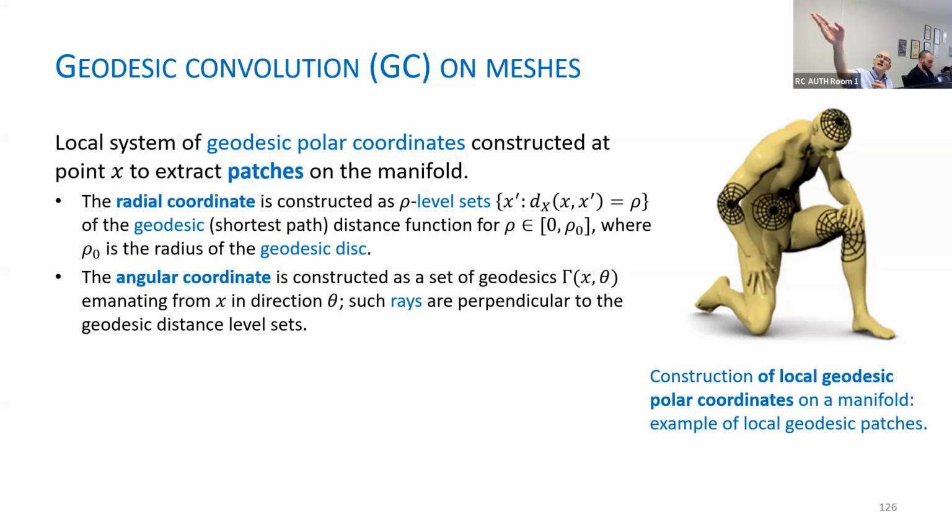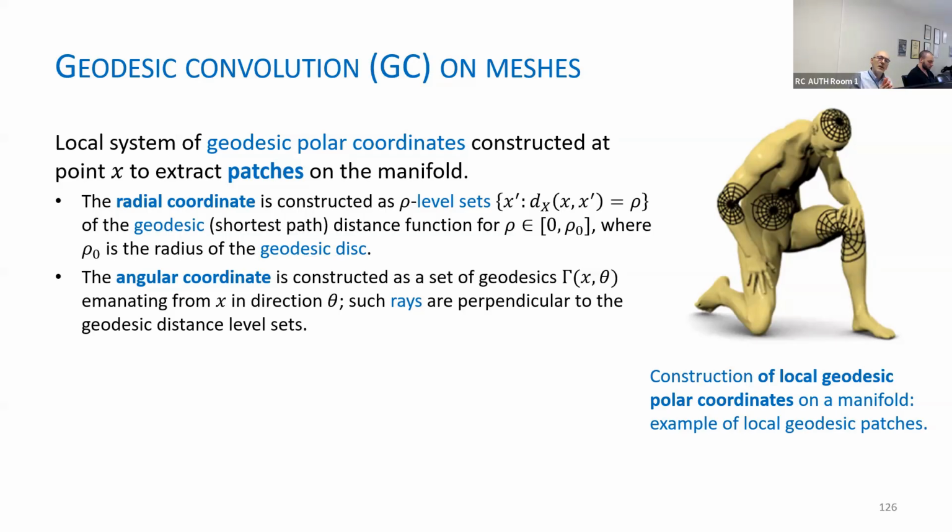And then to have also an angular subdivision, what they propose is to trace some radial directions from the central point at a given spatial angle theta.